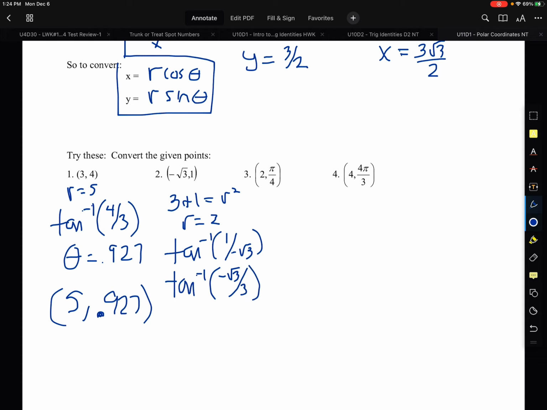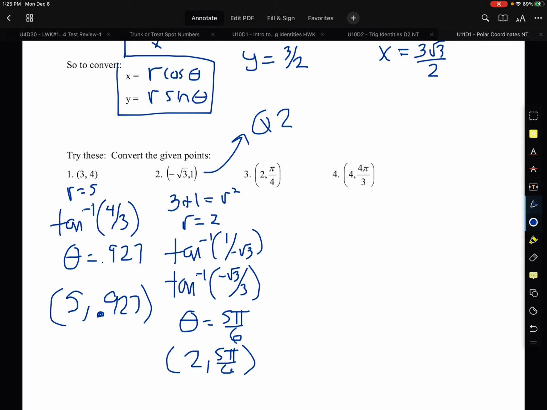Makes it a little bit easier. And this is key. This tells me I'm in quadrant 2. So we're talking about a reference angle, in this case of 30 degrees in quadrant 2. So we have theta equals 5 pi over 6, which gives us 2 comma 5 pi over 6.